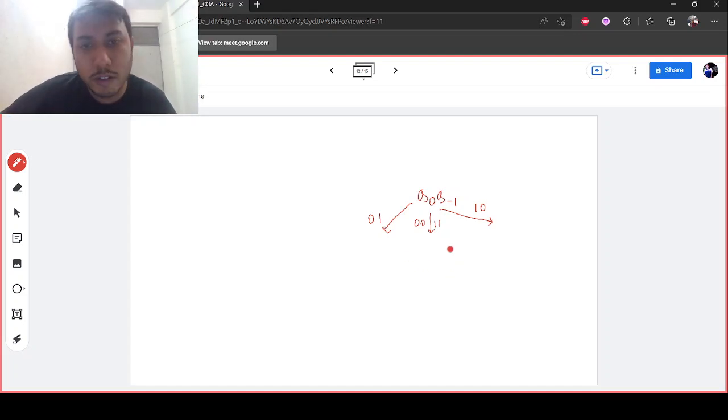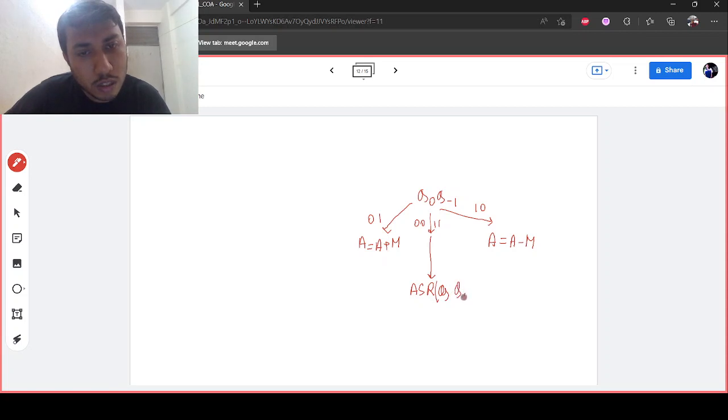So in case of 1 0, it will be A equals A minus M. In case of 0 1, it equals A equals A plus M, and in case of 0 0, it is just A is A, Q minus 1.